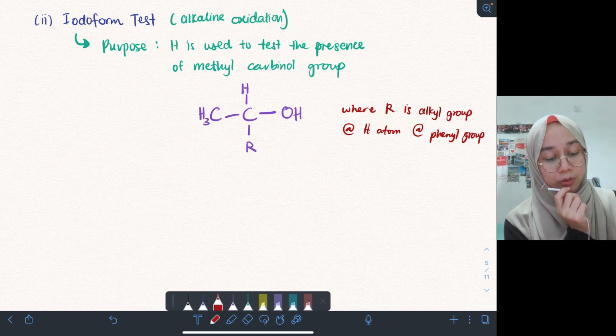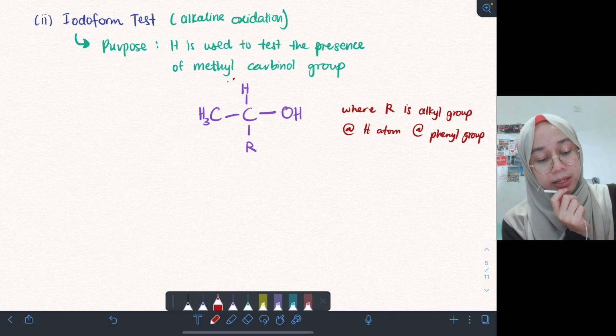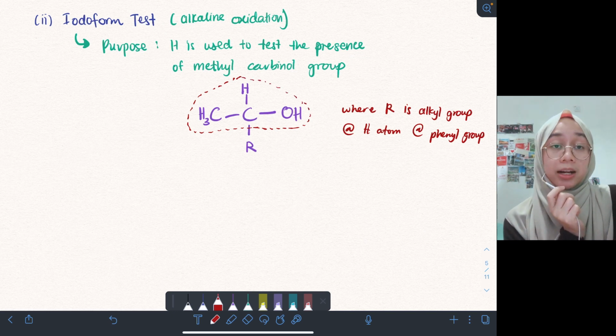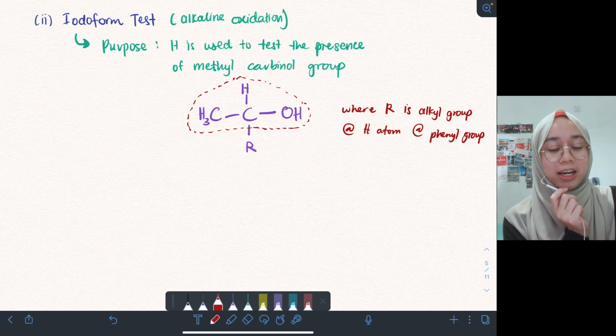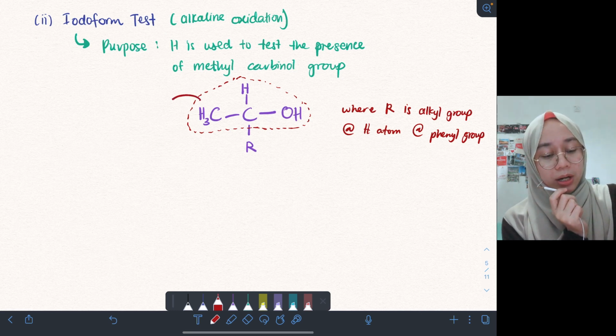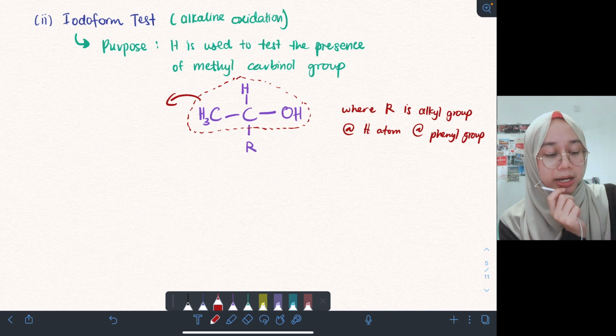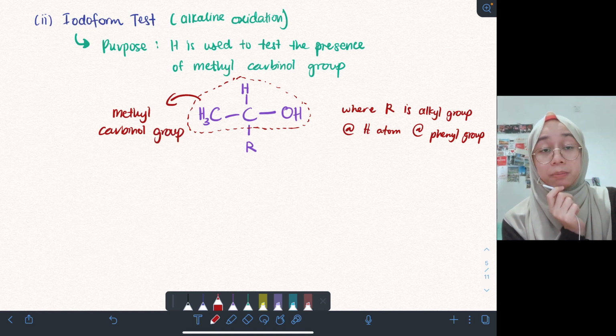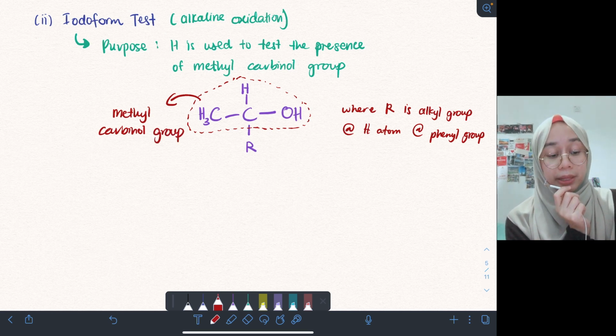So the methyl carbinol group part is actually obviously the CH3, together with the carbinol, also with the OH group, and also perlu ada hydrogen dekat carbinol carbon tu. Okay, so bahagian yang Miss bulatkan tu, inilah yang dikatakan sebagai methyl carbinol group. So we are going to use the iodoform test lah to test the presence of the methyl carbinol group.